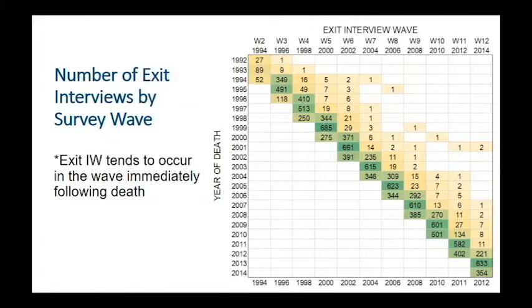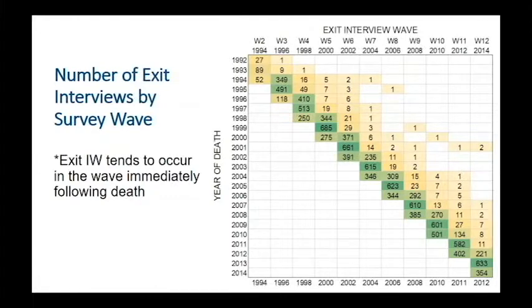What this is showing is that, for the most part, the majority of exit interviews are conducted either in the immediate year in which the person died or the next calendar year, but that they're generally conducted in the next survey wave. So for instance, if we look at the folks who died in 1998, you can see that 250 respondents who died had an exit interview conducted in wave 4 in 1998.